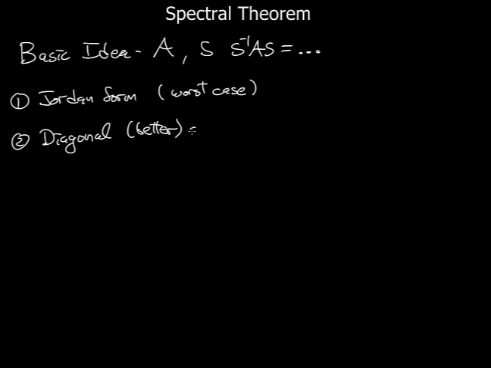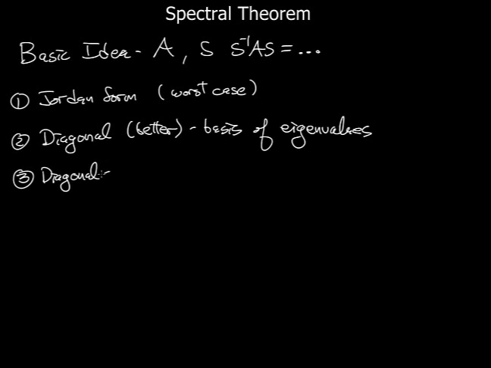It's always nice if you can diagonalize. And that's equivalent to it having a basis of eigenvectors. Now we've talked about the fact that even better is if you can diagonalize it where the eigenvectors are orthonormal. From this point of view, that's the best possible situation.